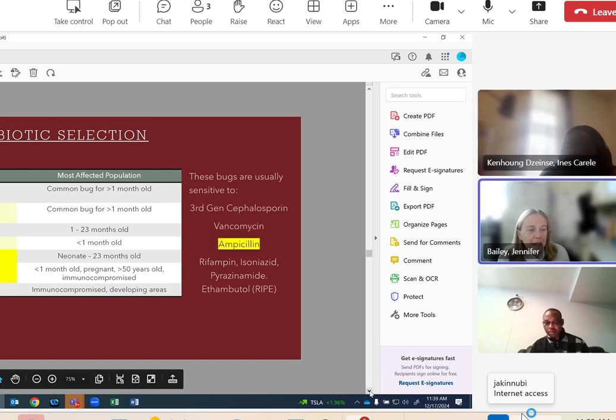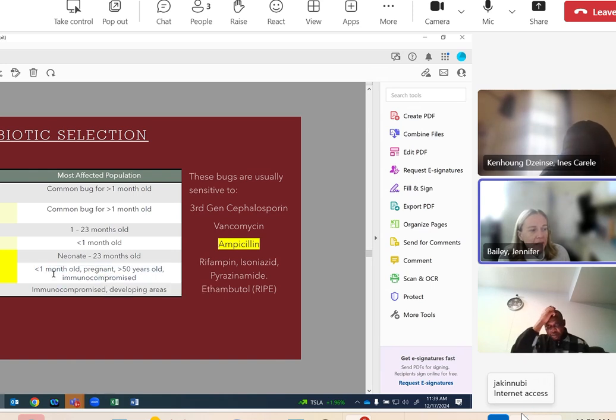And then lastly, ampicillin is primarily added for patients who may have listeria infection. And those are patients who are under 1 month, pregnant females, patients who are over 50 or who are immune compromised. So basically all of these variables together indicate some degree of immune compromise, whether it's age related or disease related or condition related.